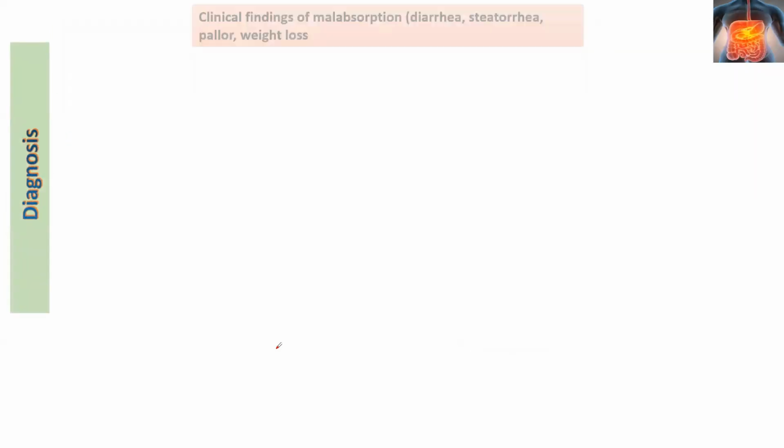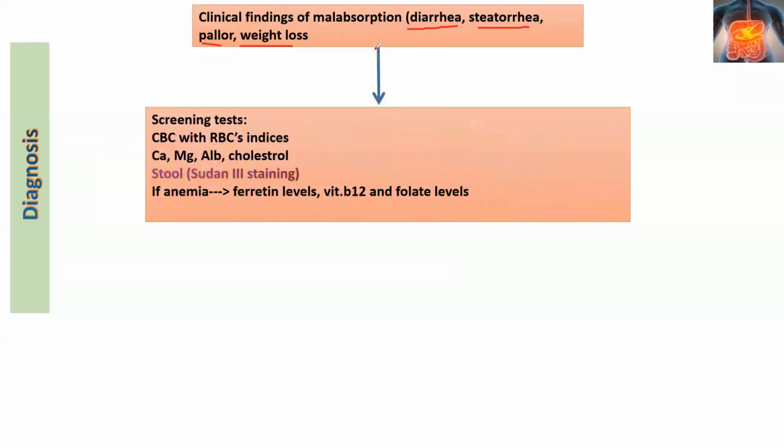First of all, we look at the clinical findings: if the patient has diarrhea, chronic diarrhea suggests malabsorption, steatorrhea, whether the patient is pale or not, and weight loss. Then we do the screening tests, the CBC with the RBC indices.